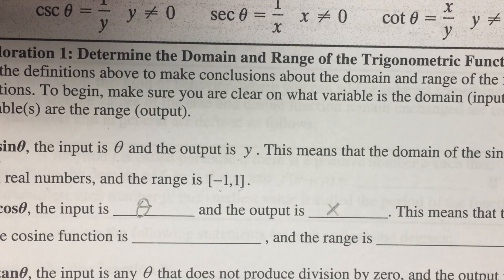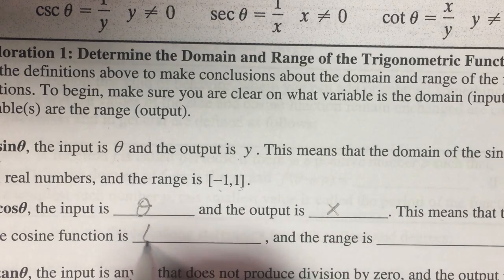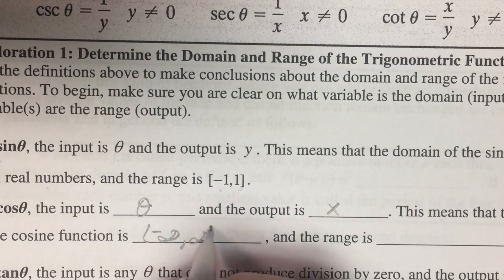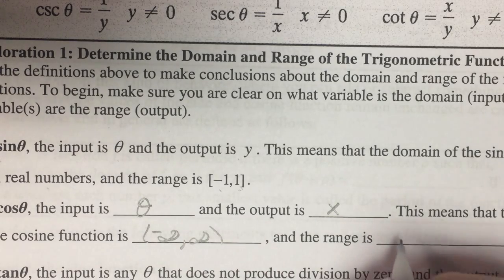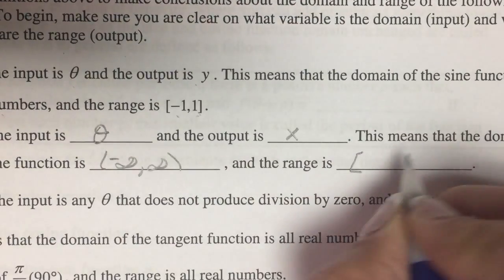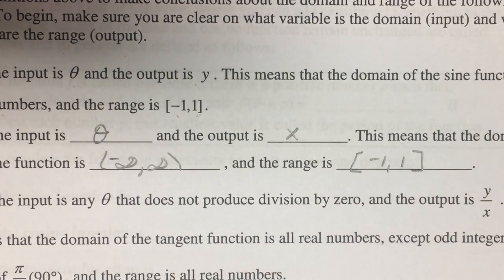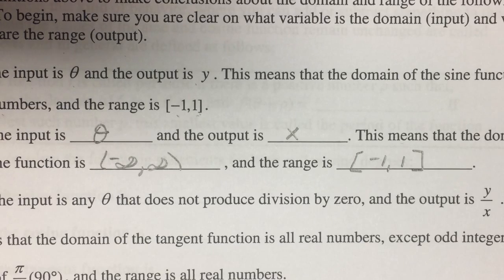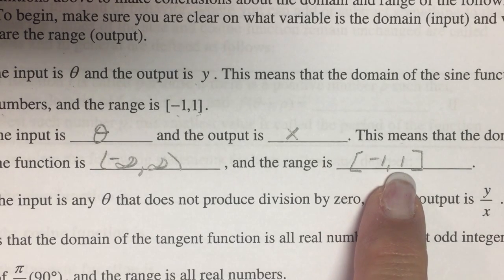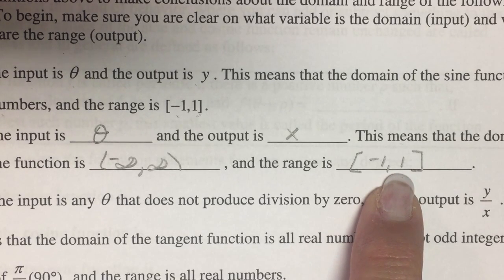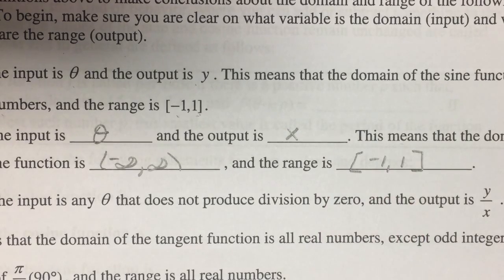This means that the domain of the cosine function is again all real numbers, and the range is once again all values from -1 to +1. Notice that's inclusive because, for example, the cosine of 0 is +1 and the cosine of pi, or 180 degrees, is -1.